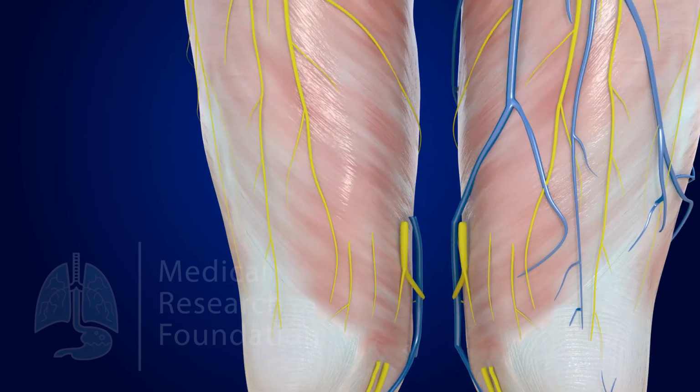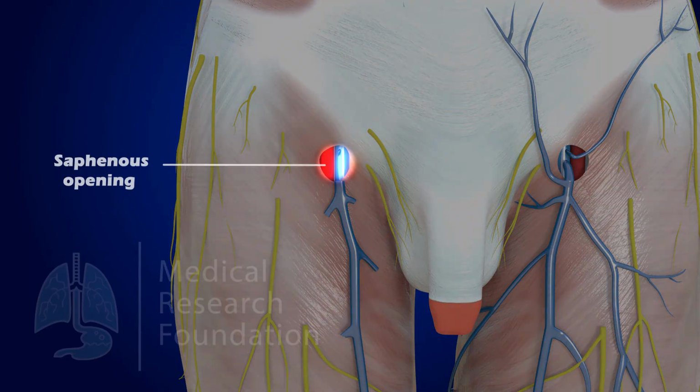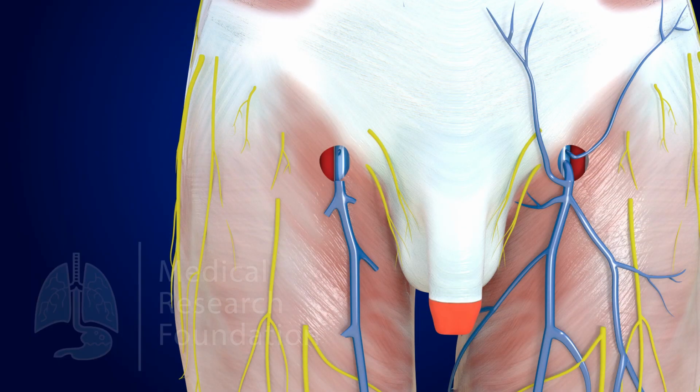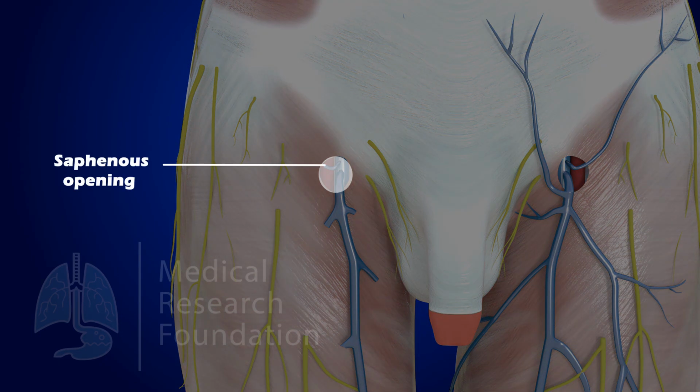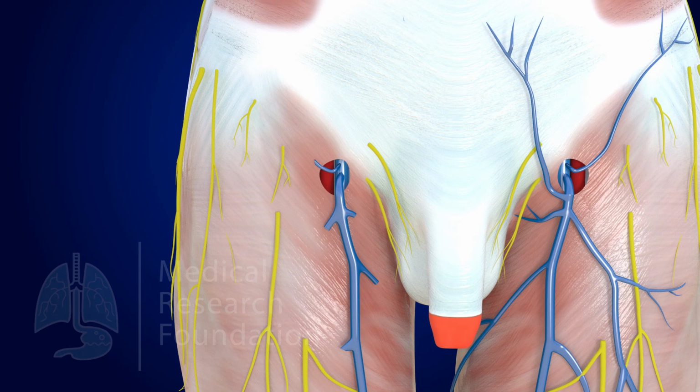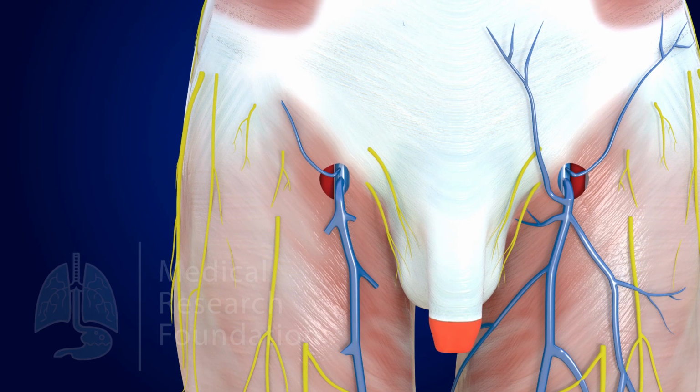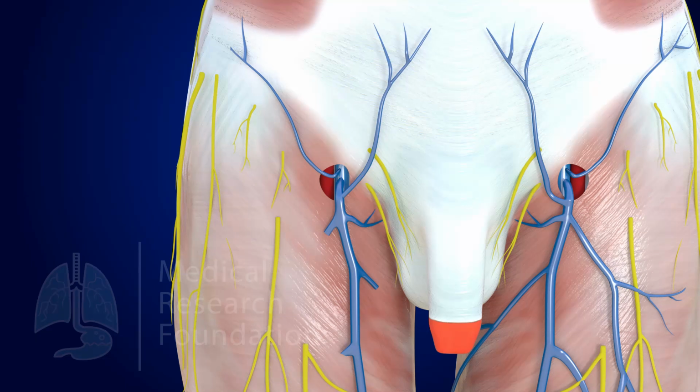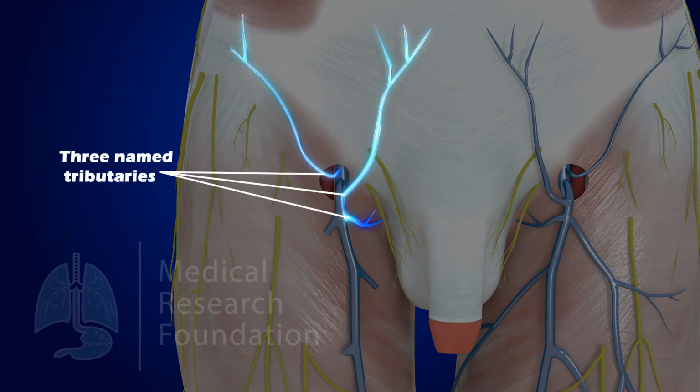In the thigh, it inclines forwards to reach the saphenous opening, where it pierces the cribriform fascia and opens into the femoral vein. Before piercing the cribriform fascia, it receives 3 named tributaries.